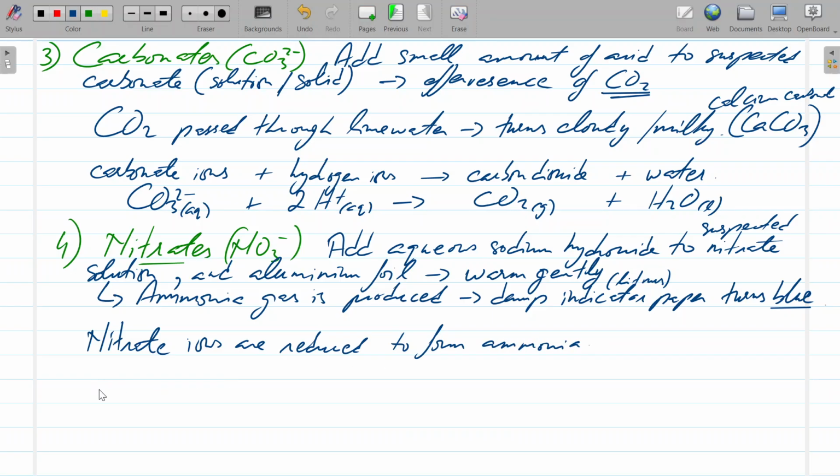And this is what the equation looks like, right? So it's a long equation, and I'll write it out balanced. You've got 3 NO3, right? We're writing the ions over here, plus 8 of aluminum, that's a solid, plus 5 of the hydroxide we added, and 18 water.